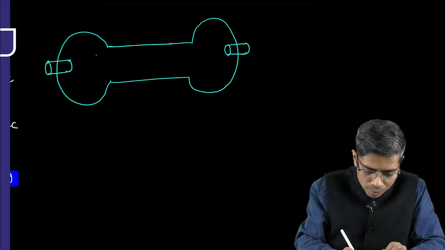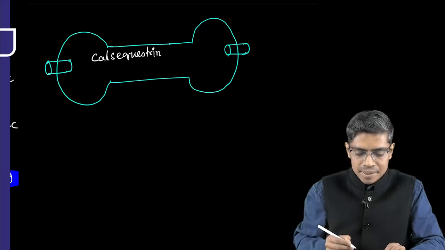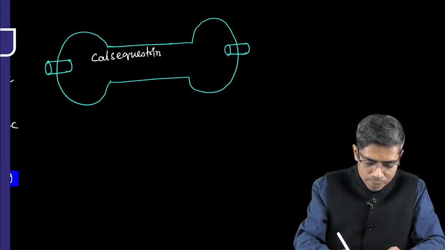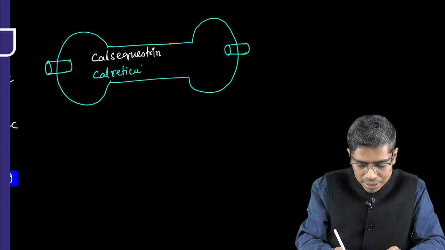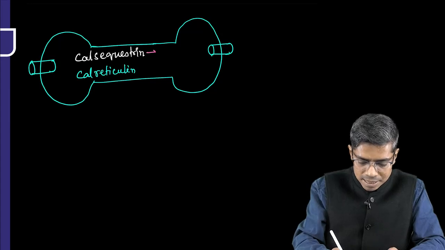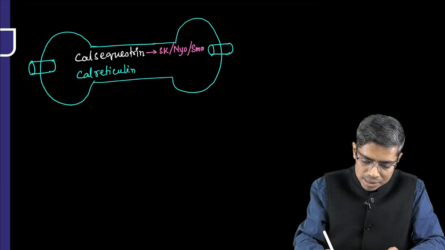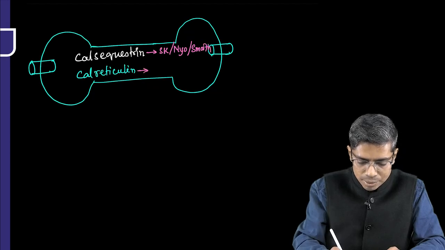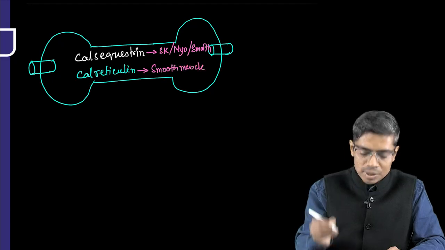They are known as calsequestrin, and the second protein is calreticulin. Remember, calsequestrin is present inside skeletal muscle, myocardium, as well as smooth muscle. But calreticulin is present only in the smooth muscle sarcoplasmic reticulum.